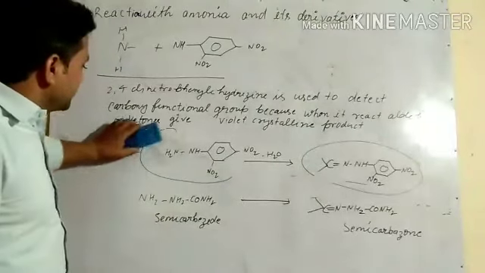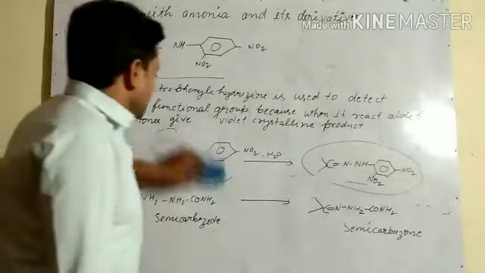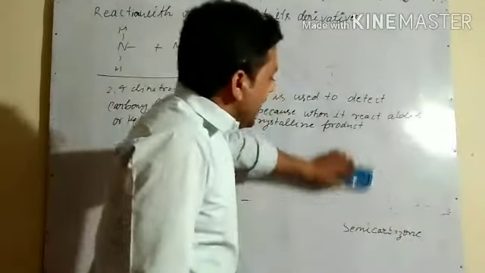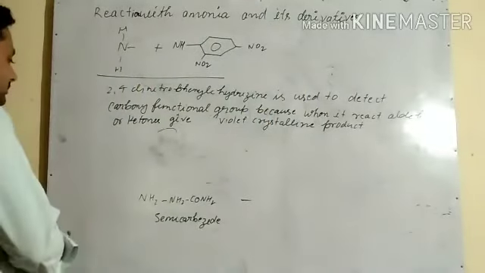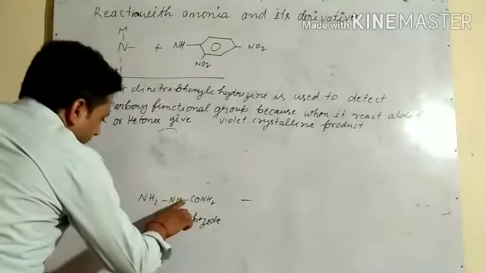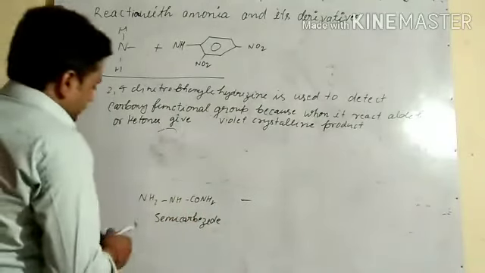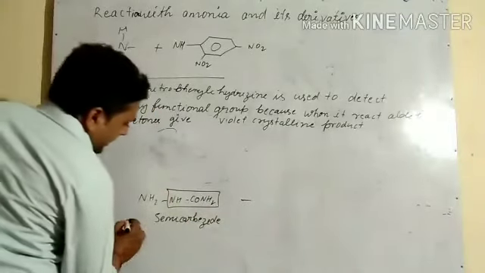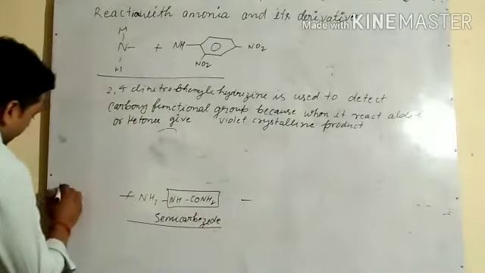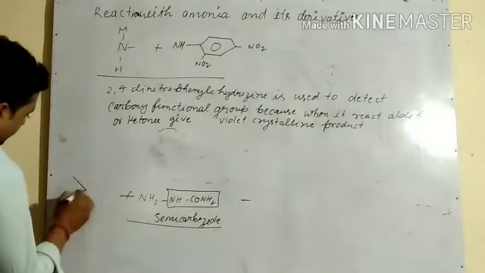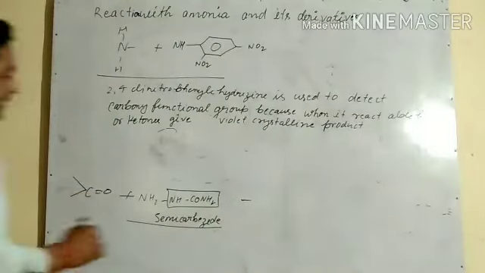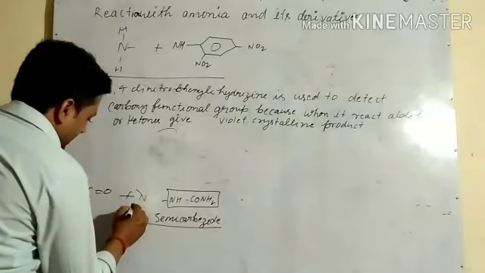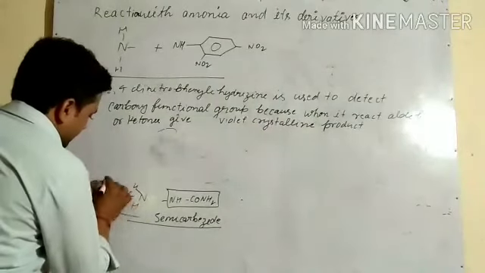And next is semi-carbazide. What is semi-carbazide? When one hydrogen of ammonia is replaced by this group, NHCONH2, we get semi-carbazide. When it reacts with aldehyde or ketone, we can show like this. Here aldehyde and ketones liberate H2O. So I am showing here H and H, and it will release like this.